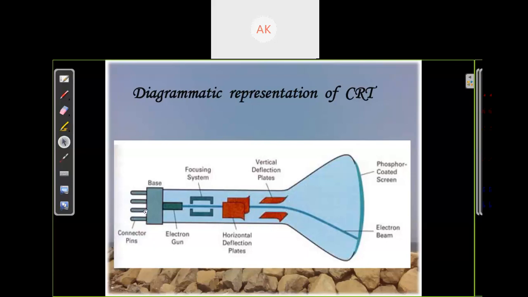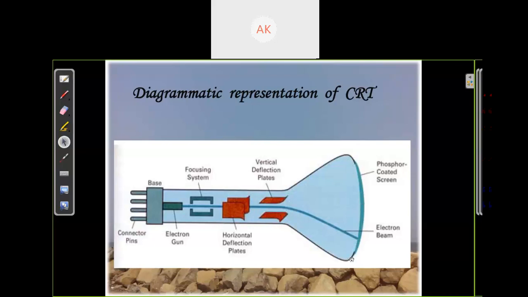In this CRT, a beam of electrons, or cathode ray, emitted by this electron gun passes through the focusing system and deflection system and strikes this phosphorus coated screen. When this strikes the screen, it emits a small spot of light at each position where it strikes.